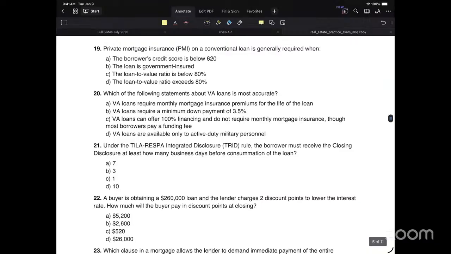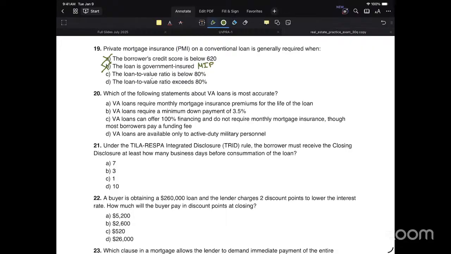Private mortgage insurance, PMI, on a conventional loan is generally required when: A, the borrower's credit score is below 620? That's not it. B, the loan is government insured? Well, no, if it was government insured, it'd either be a VA loan, where they probably wouldn't be paying PMI or anything, or an FHA loan, where they would be paying MIP.